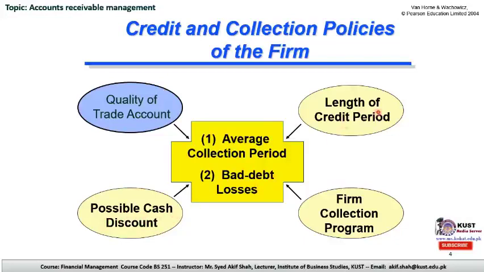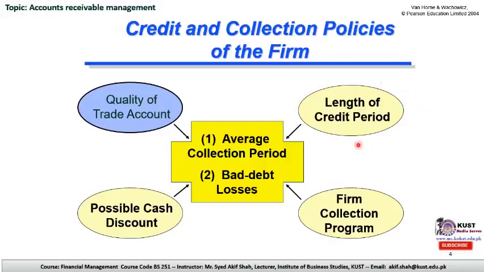So let's go ahead to discuss the changes in length of credit period to the credit customers or to the prospective customers of the company, and what kind of impact this change will bring on the company's overall profitability and cost.